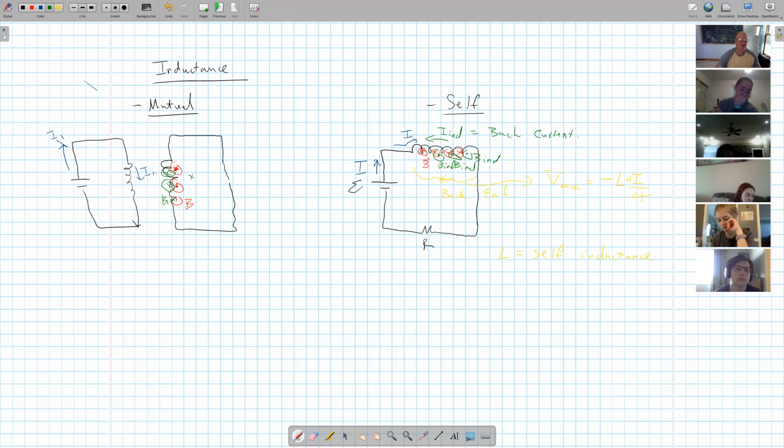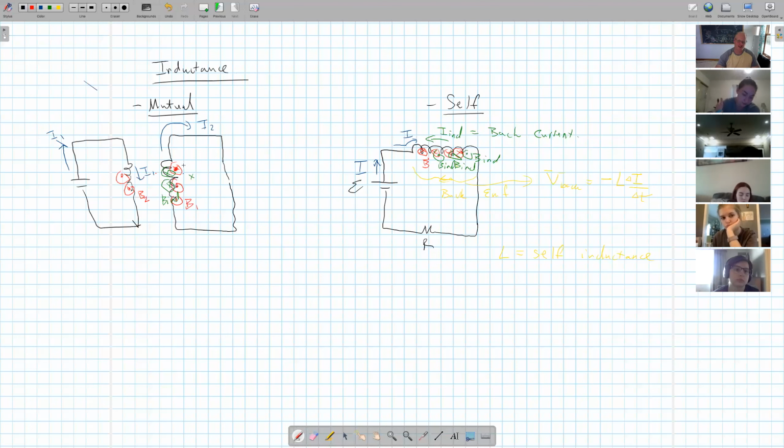So it's going to create its own current in the opposite direction, inducing a current inside itself going the opposite way. But since this coil is creating a magnetic field going this way, it is now creating a magnetic field inside each of these. This is going to be B2. This would be B1. This creates a back EMF inside it, which is also in the opposite direction, causing this current to change much more slowly over time.